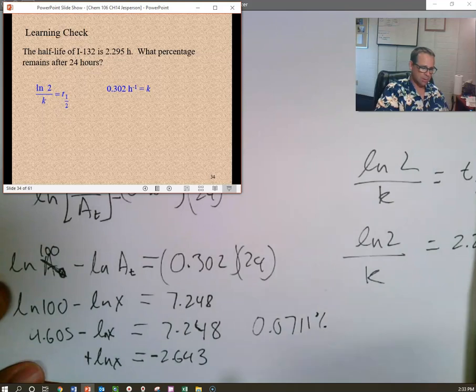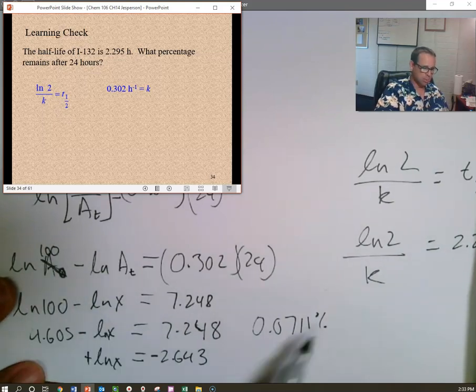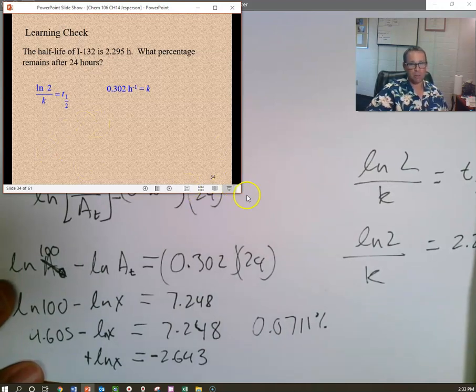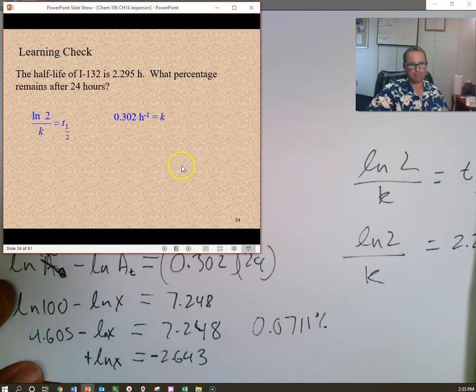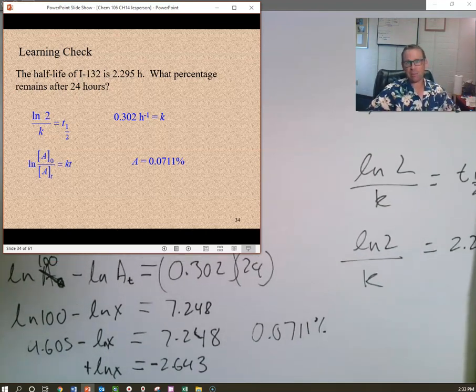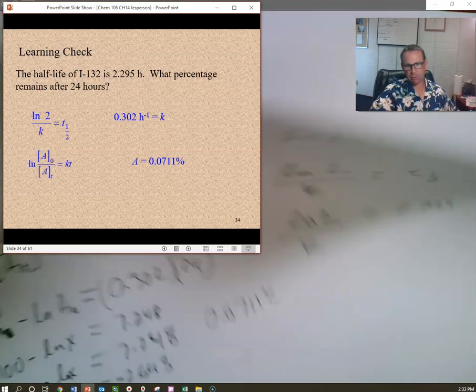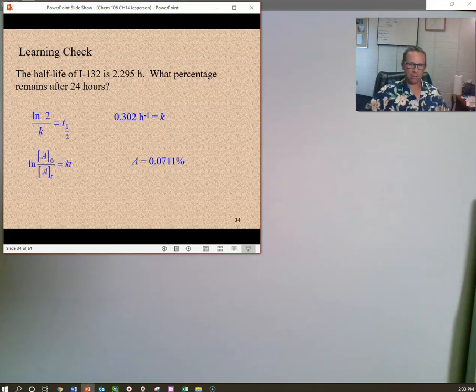And that is a percentage, because we put this up to 100, so it already is in percent. That's how much is going to remain after 24 hours. Okay? Now, let's think about that a little bit more, less mathematically, with just a reasonable mind for a second, as a double check.